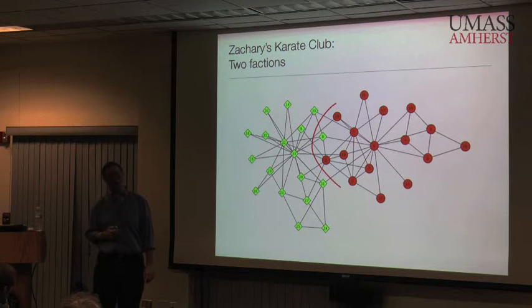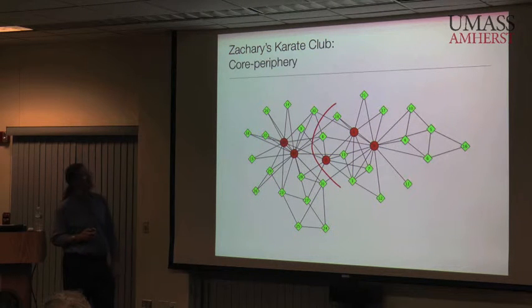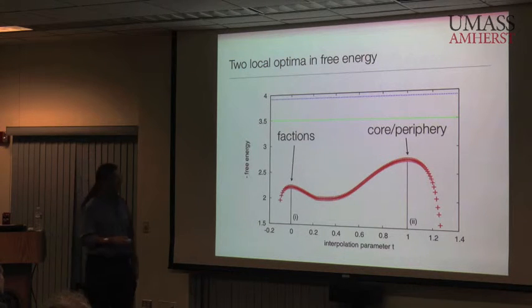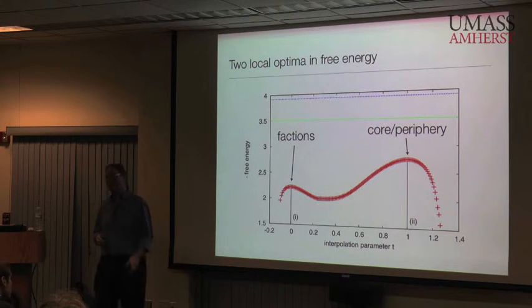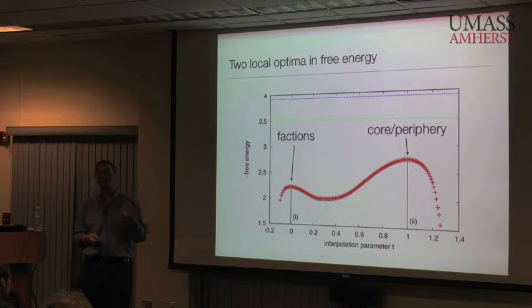It just found some other way to divide it into two groups. One thing we can do is compute the free energy. We can scan through the parameter space, interpolating from this core-periphery picture to the two factions, and we can observe that indeed both of these are local optima in the free energy, which is kind of nice. So we can look at the landscape of possible models.